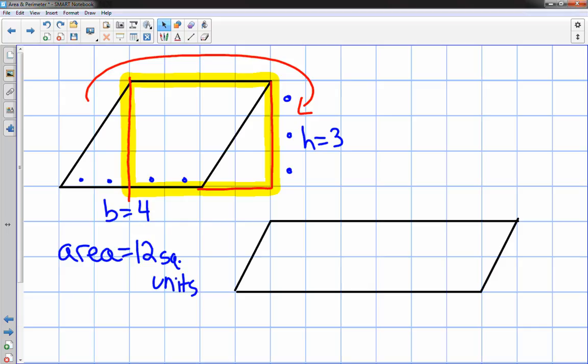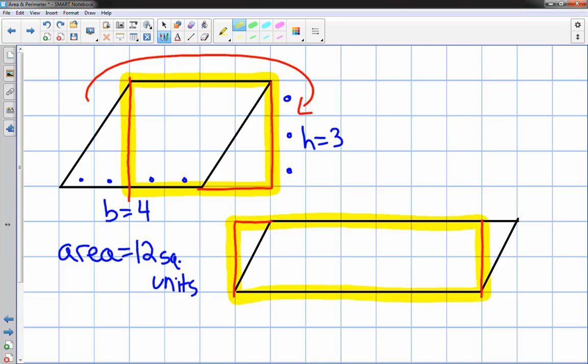Okay, I'm going to look at this other parallelogram. I'm going to just simply cut this one off and move it over here. Now I can envision that rectangle. It has a height and it has a base.